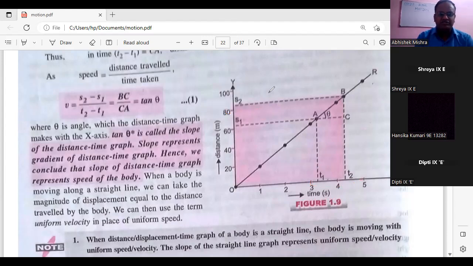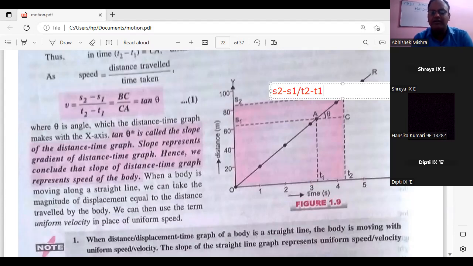So can we say speed is equal to distance traveled by time taken, where distance traveled is S2 minus S1 divided by T2 minus T1? Do you agree? All of you, do you agree? This we are going to calculate for the speed, total distance traveled by total time taken.